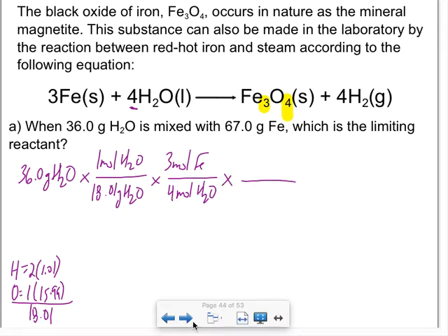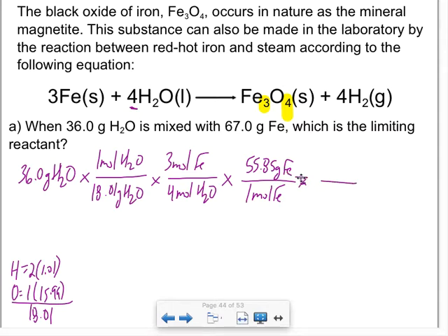Then to go from moles of iron to grams of iron, you multiply by the molar mass. I'm in moles of iron, so 1 mole goes on the bottom. How many grams of iron are in 1 mole? You look at the periodic table. The molar mass of iron is 55.85 grams of iron. Whoops, that's supposed to be an equal sign.